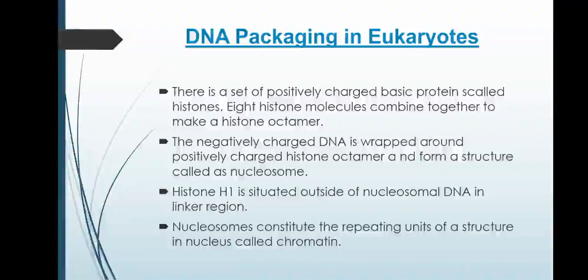Outside the nucleosome there is the wrapped DNA, and outside of that there is some DNA in the linker region. So there are repeating units of nucleosomes. These nucleosomes constitute the repeating unit of a structure in the nucleus, and this structure is called chromatin.